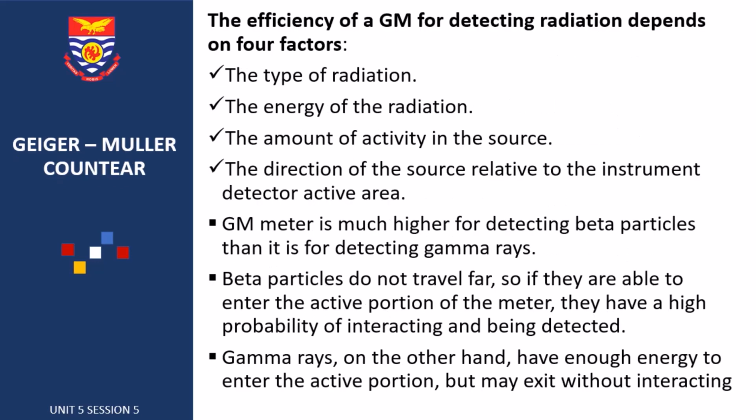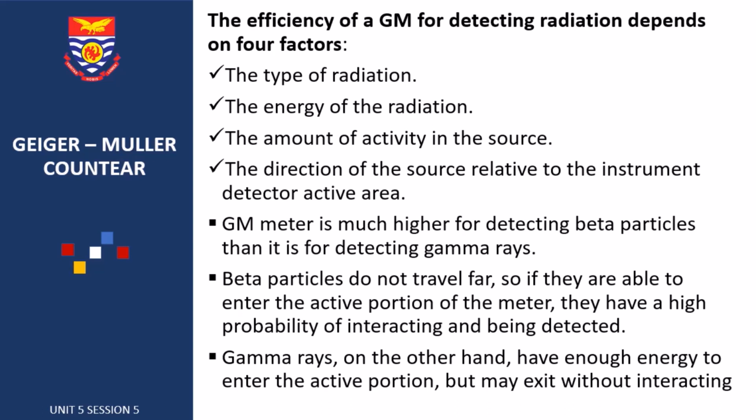Let us look at the efficiency of the Geiger-Müller counter for detecting radiations, and this depends on four factors. One is the type of radiation. So what type of radiation are we determining? Then the energy of the radiation. What is the energy of the radiation that is being determined?